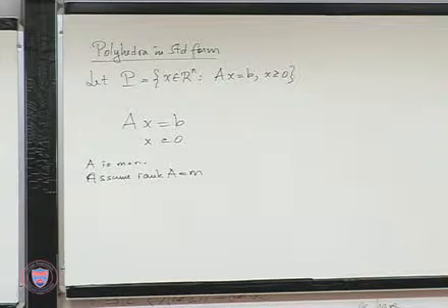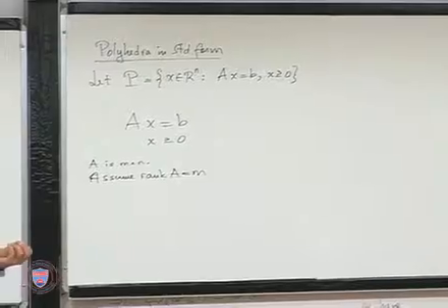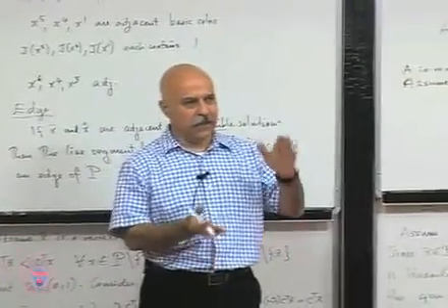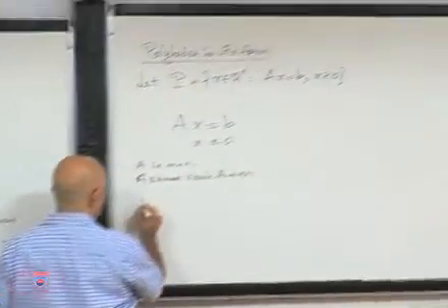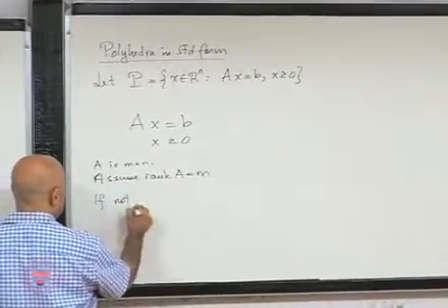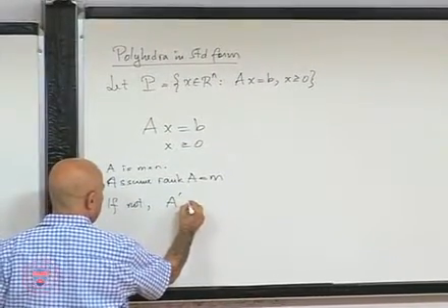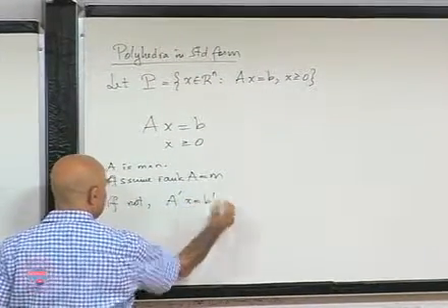Now, why is this without loss of generality? Because if the row rank is less than m, you use certain equations to eliminate certain variables, as many as necessary, until you get a system A prime x equals b prime.